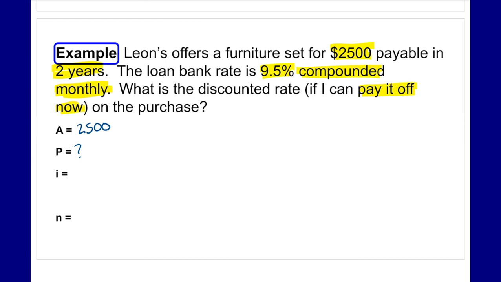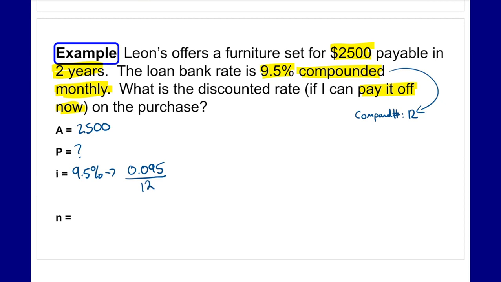The interest rate that's being used to calculate this is 9.5%. But again, we have to turn it to a decimal, 0.095, and then divide it by the compound number, which in this case is compounded monthly. So our compound number is 12.